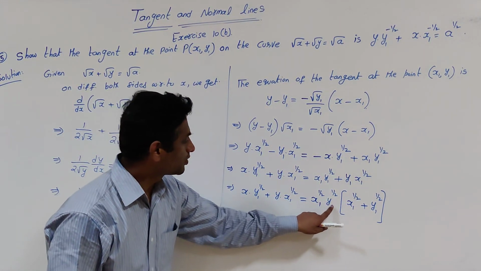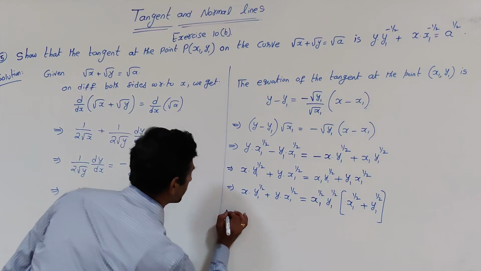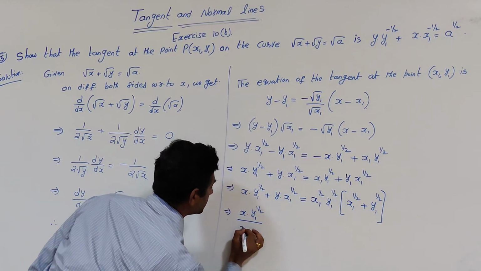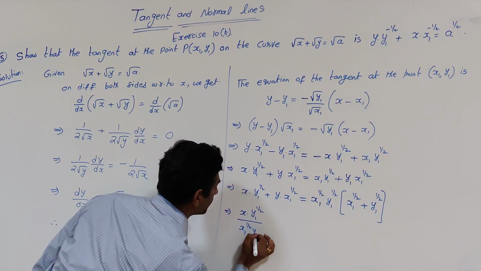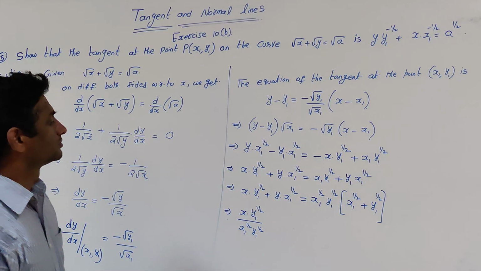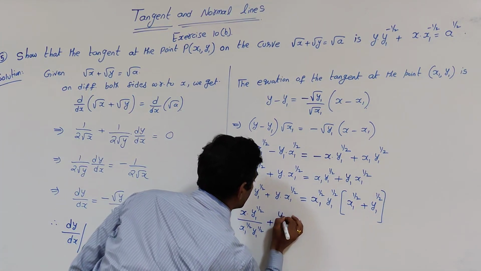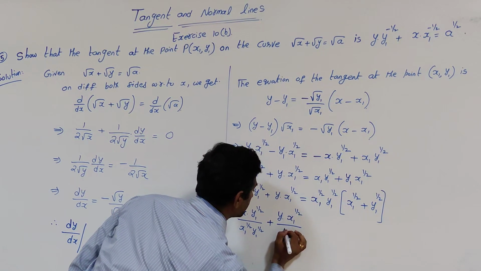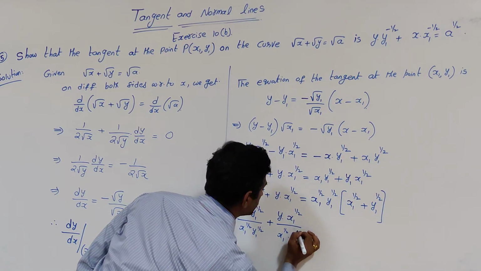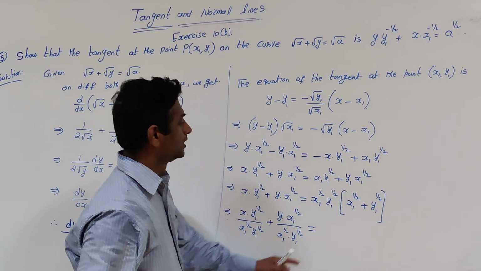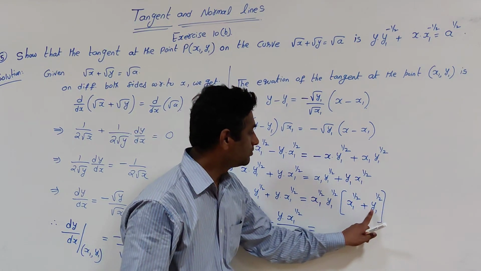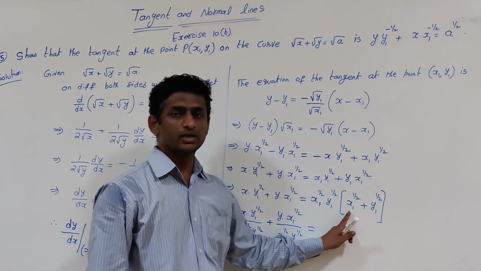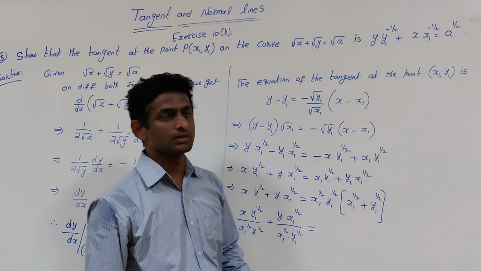Now bring this product down: x into y1 to the power of 1 by 2 by x1 to the power of 1 by 2 y1 to the power of 1 by 2, plus y into x1 to the power of 1 by 2 by x1 to the power of 1 by 2 into y1 to the power of 1 by 2 is equal to, now what is x1 to the power of 1 by 2 plus y1 to the power of 1 by 2, or root x1 plus root y1.